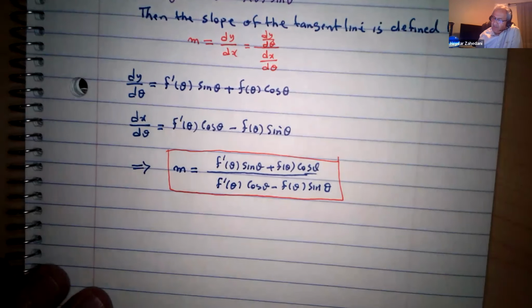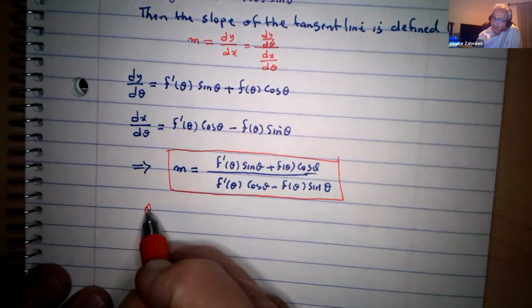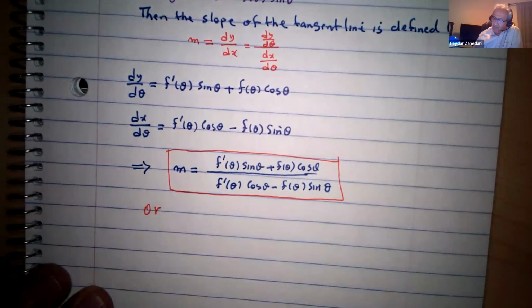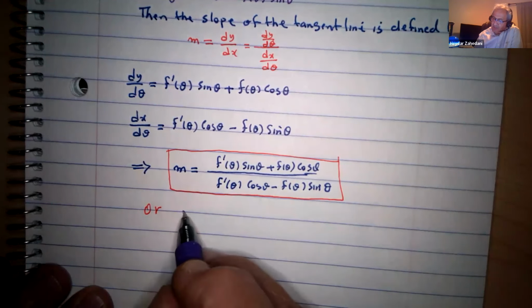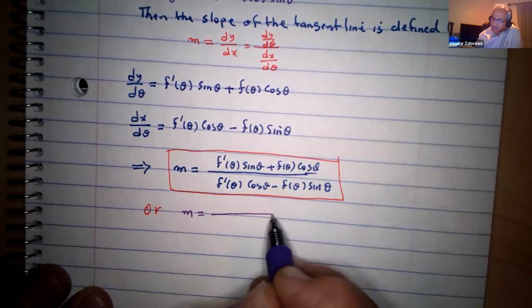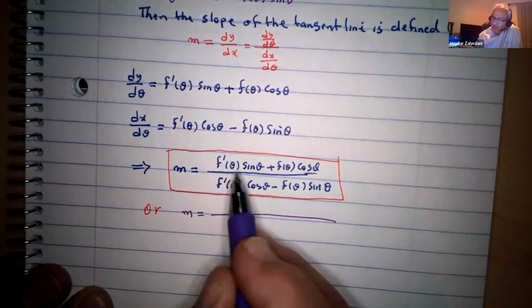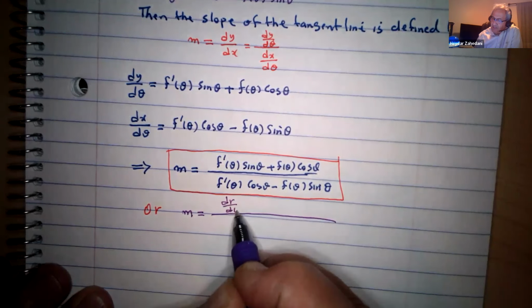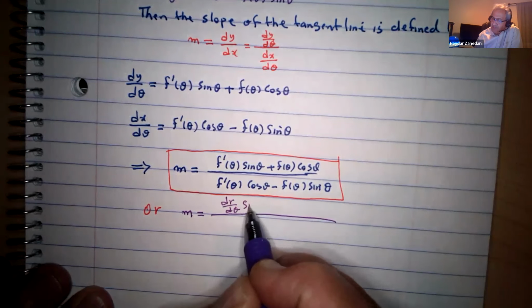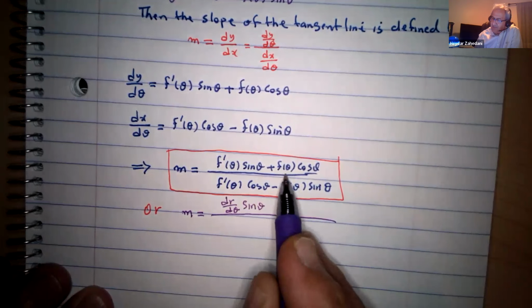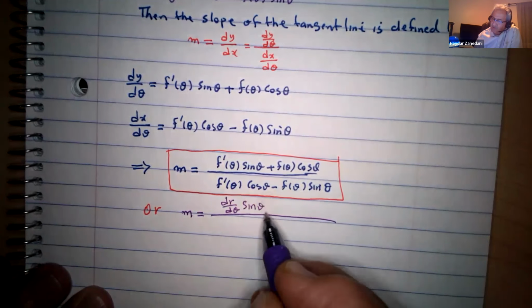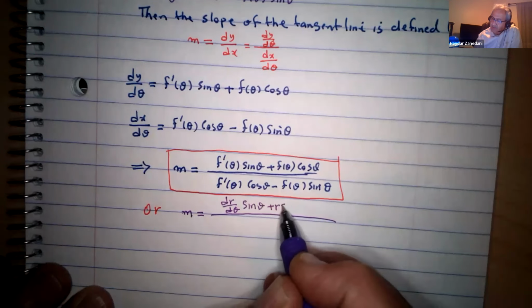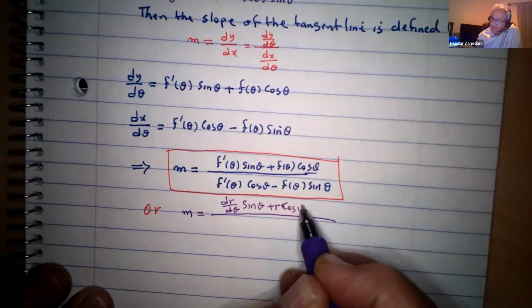This can also be written in terms of r. I don't like the f prime, so this is another option. Remember this is dr/dθ times sine of theta, and f of theta is just r, so plus r cosine of theta.